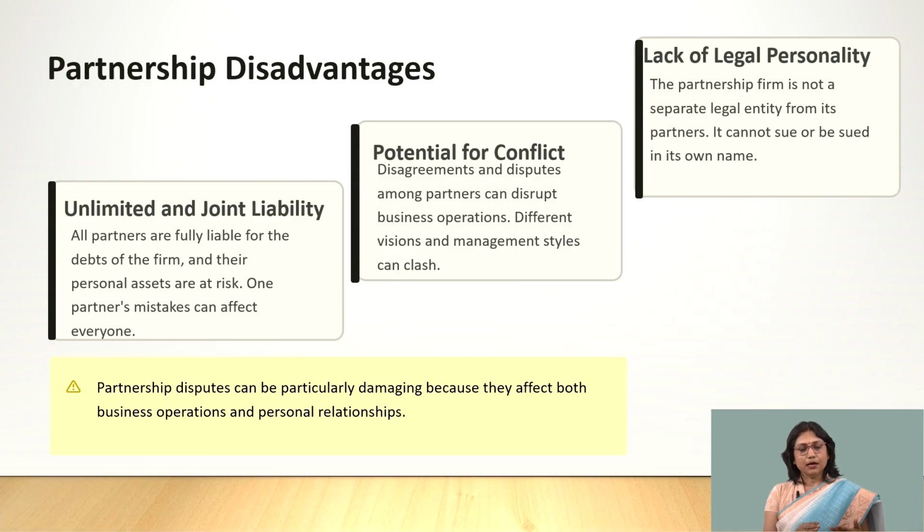So in that case, if any risk happens, if any problem arises because of one partner's negligence or because of one partner's mistake, others are also responsible for that. Others also face the impact of that, maybe financially, maybe related with their relationships, but that impact is for sure on other partners also.